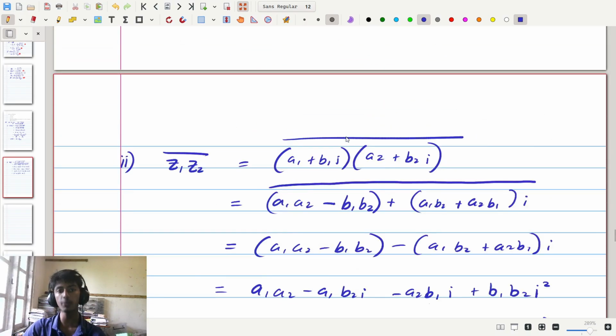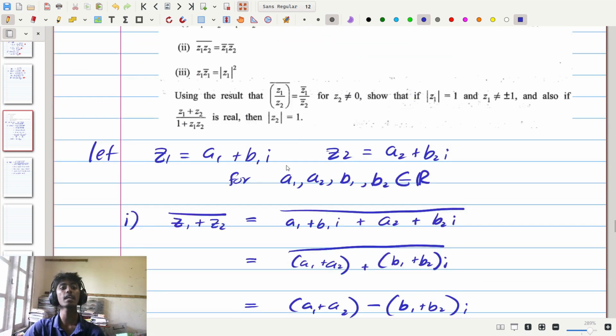Now considering Z1 and Z2, Z1 is A1 plus B1i, so Z1 conjugate is going to be A1 minus B1i, and similarly Z2 is A2 plus B2i, and therefore Z2 conjugate is going to be A2 minus B2i.